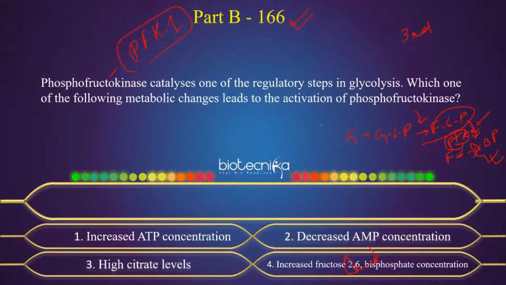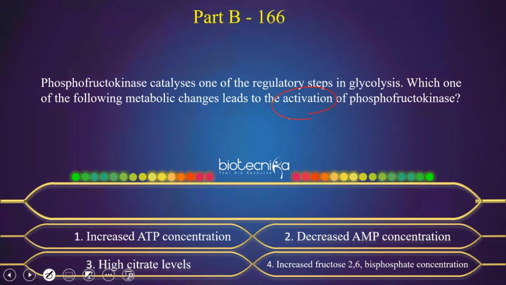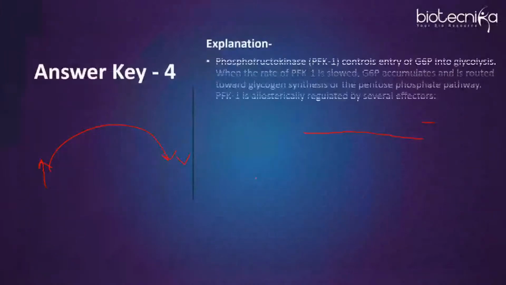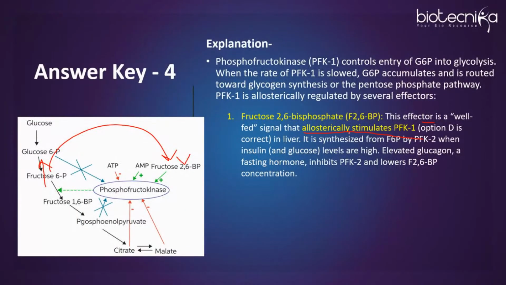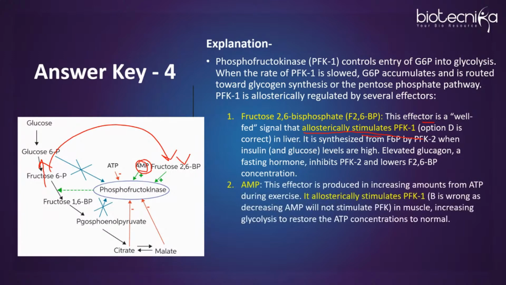The question they have asked is which of these will lead to activation. In these activation and inhibition questions you have to be very careful. They're asking for activation, right? So here fructose 2,6 bisphosphate is stimulating. But if you see AMP, they ask what decreased AMP will do.